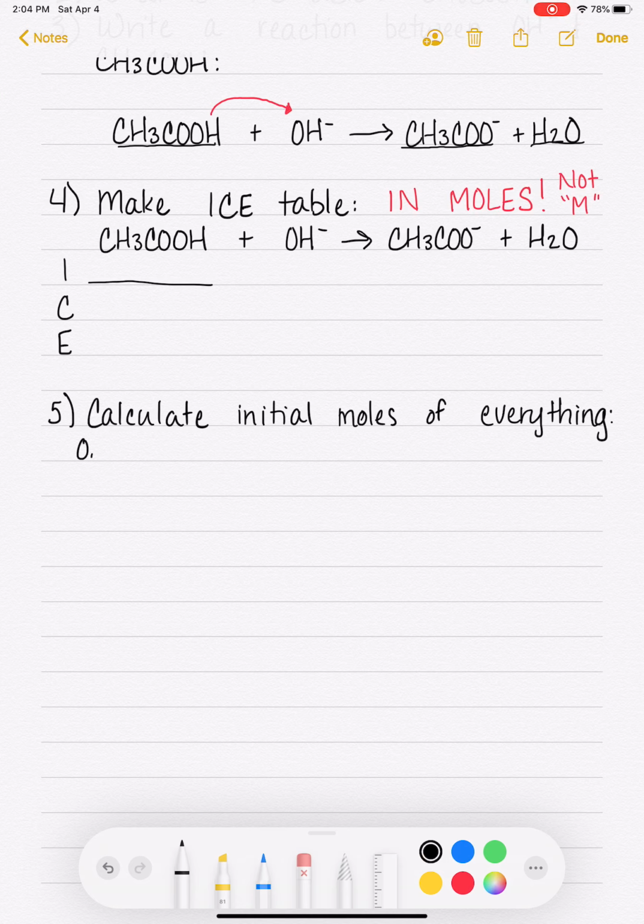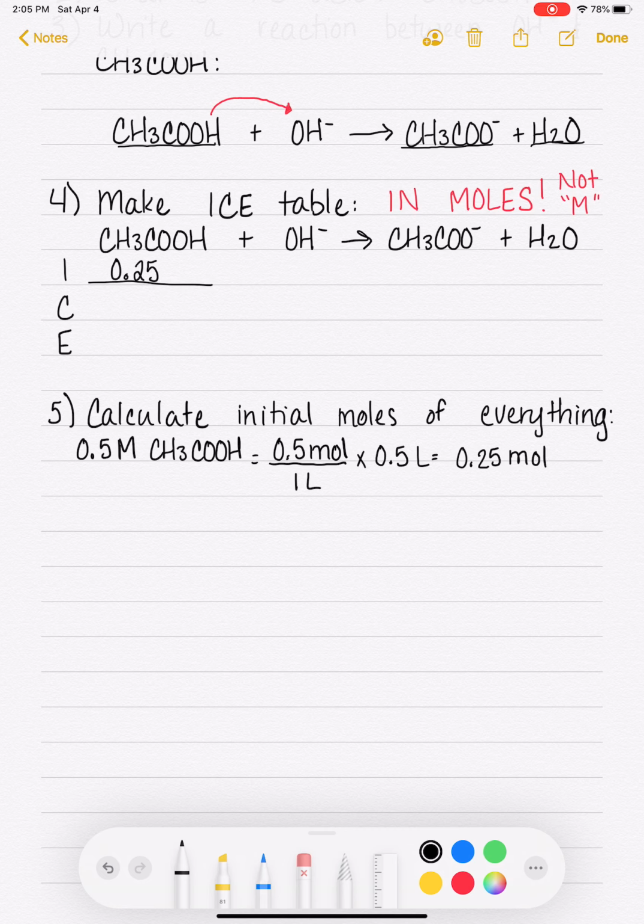So it is 0.5 molar CH3COOH, which means that we have 0.5 moles per liter, and 500 milliliters is 0.5 liters. So we have 0.25 moles initially of the acid. Now let's do the OH minus.